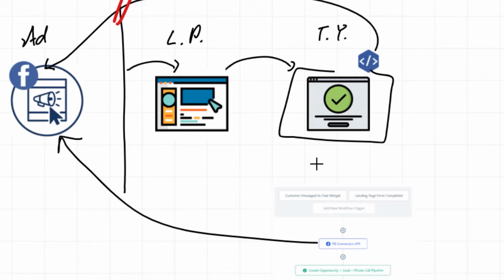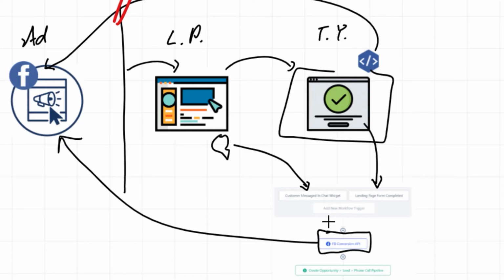But with your automation platform and workflows, you can not only capture those people who hit the thank you page, which we call the landing page completed, but if you install your chat widget on your landing page, even if someone simply asks a question and doesn't opt in, that can be tracked as someone messaging you, and that can also trigger this Facebook conversion API to fire and indicate this was a lead event.